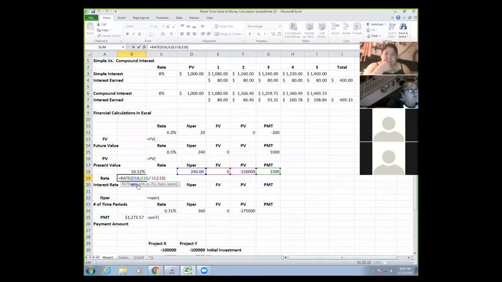My numbers are all the same as yours. Okay, so what you might need to do is go up here and add another decimal place and see if you get 0.88 with this button right there. Increase decimal.